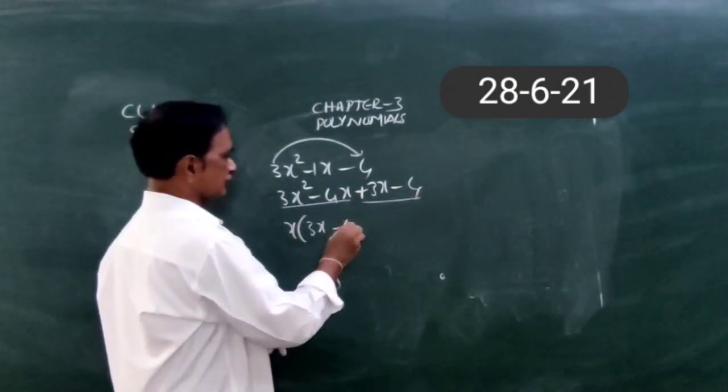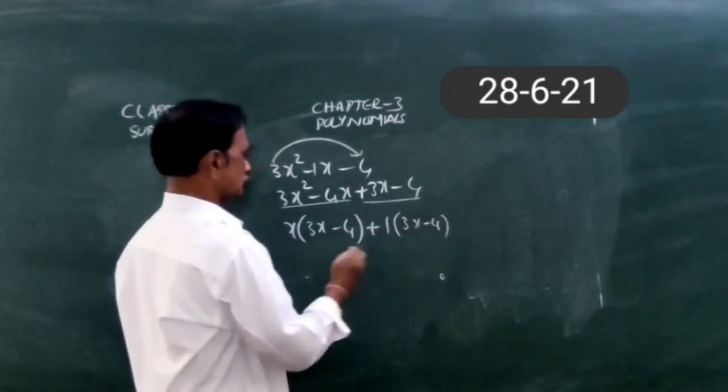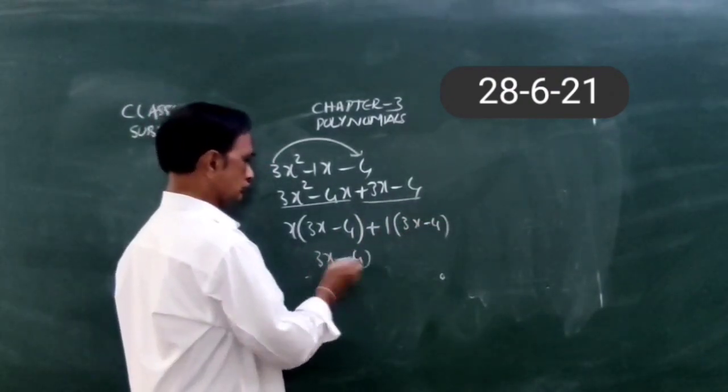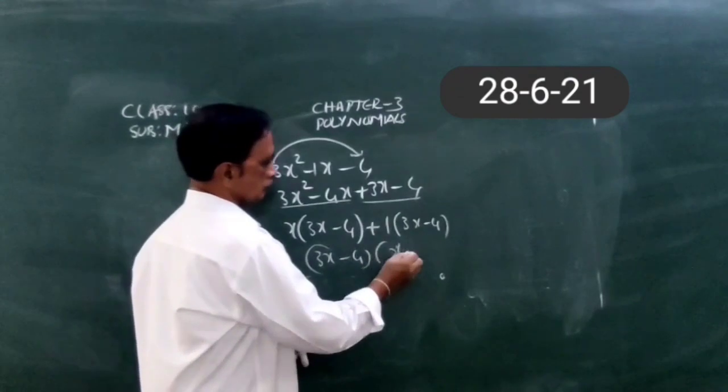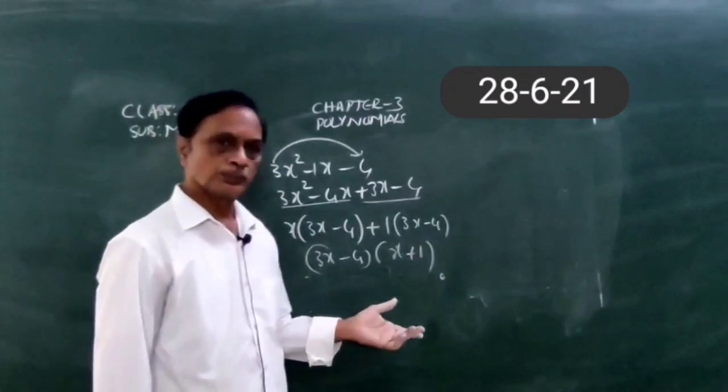Here x you have to take common. Here 1. Calculate the zeros now.